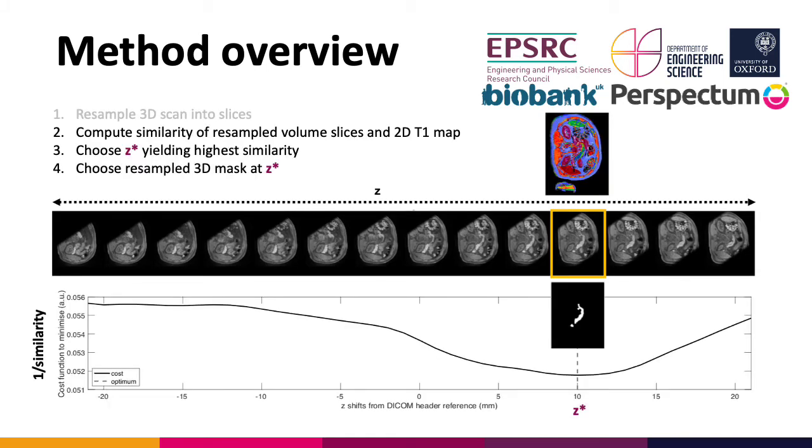We then compute image similarity between the resampled volume slices and the 2D quantitative T1 map, shown here. We then chose as our optimal Z translation the one that gave the highest similarity between scans, or lowest cost. We then chose the resampled segmentation at that location as the pancreas segmentation for the T1 map.